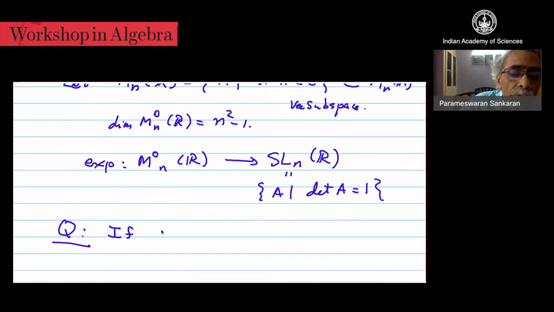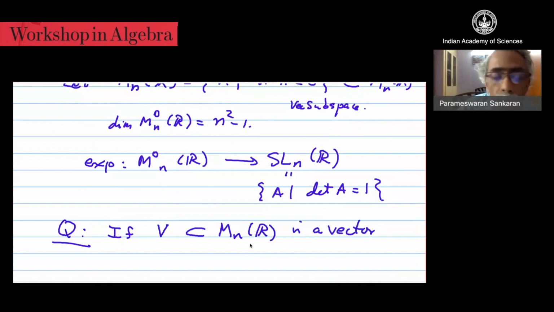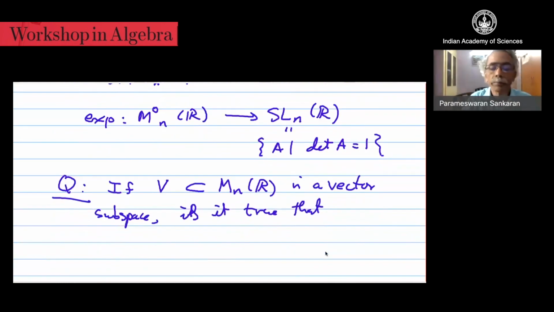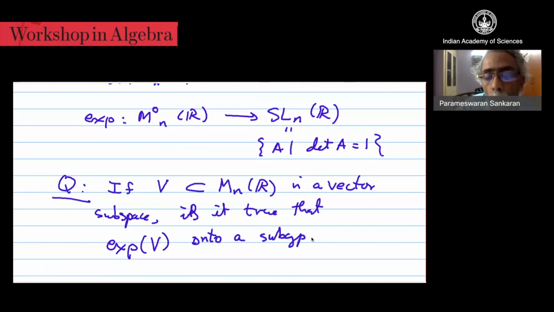If V is a vector subspace of Mn(R), is it true that the image of V, so the exponential maps V onto a subgroup of GLn, or likewise for C? So this is a question.